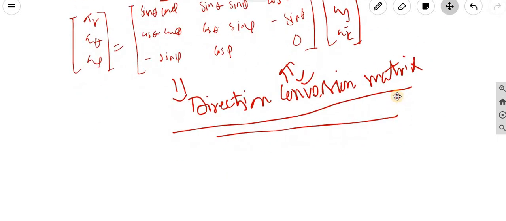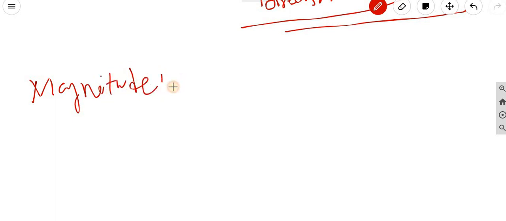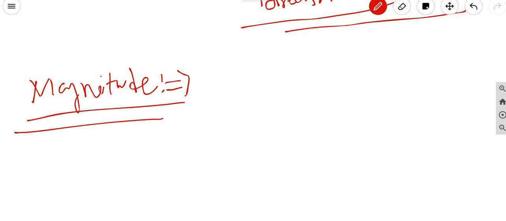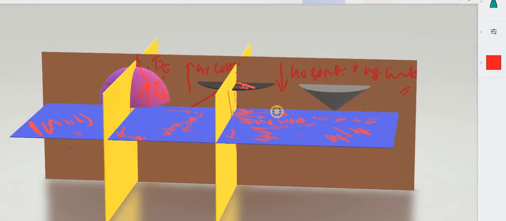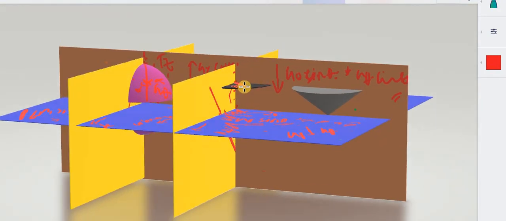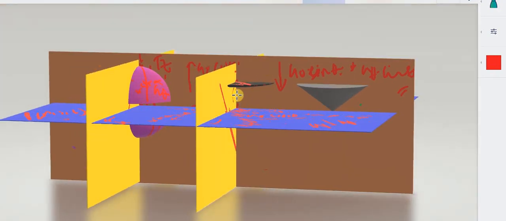So, and now the magnitude. What is the relationship between the magnitude? So see the magnitude. As we consider that this point is any point P, from origin to that point is R. So simply this R makes an angle theta with this axis.